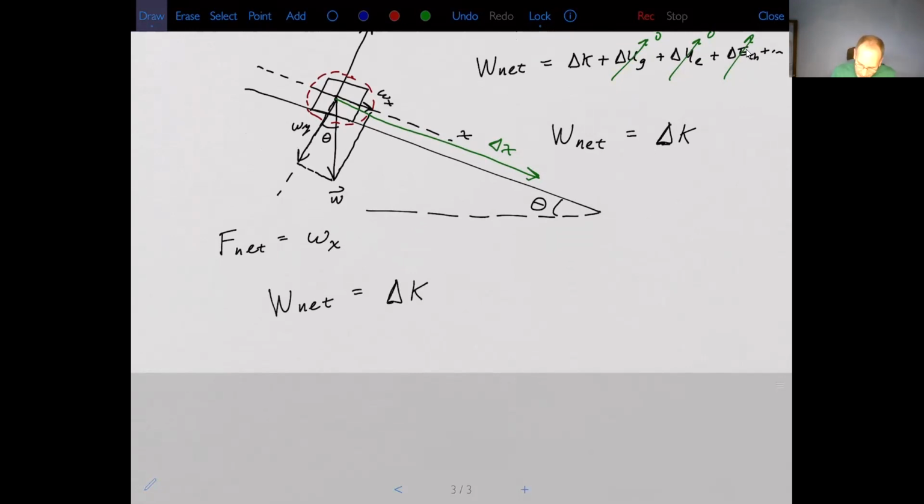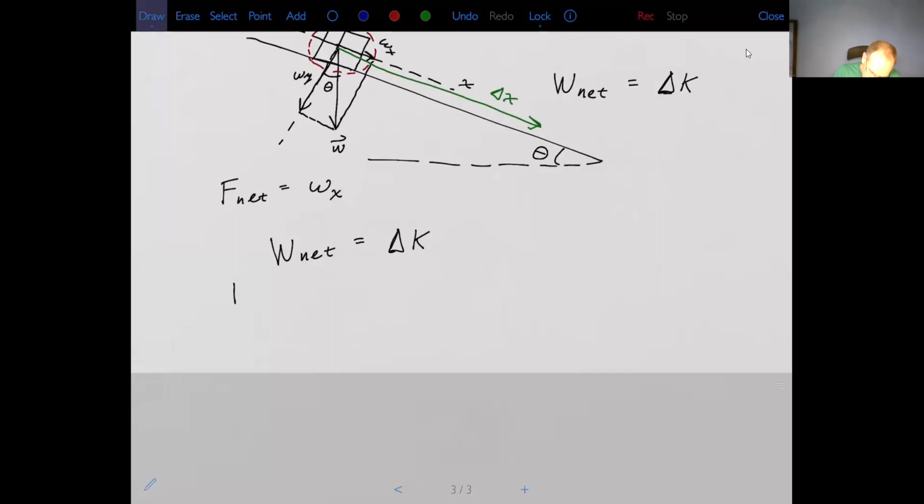Well, the net work is going to be the net force times the displacement times cosine of the angle. But remember what the angle is: the angle is between the net force and the displacement vectors. In this case, they're both in the same direction, so that angle is 0 degrees, and cosine is just equal to 1. And that's got to equal the change in kinetic energy.